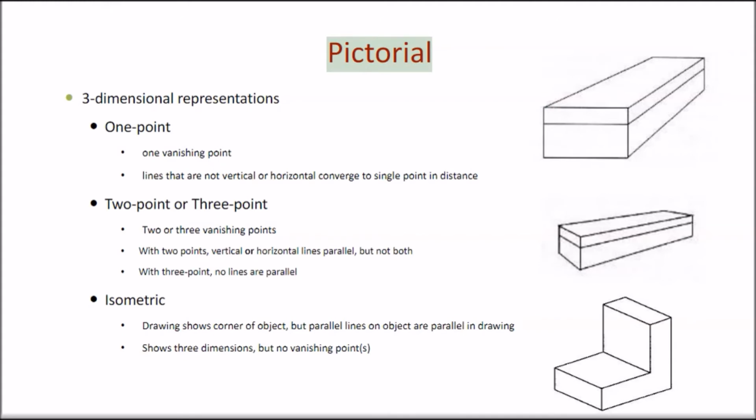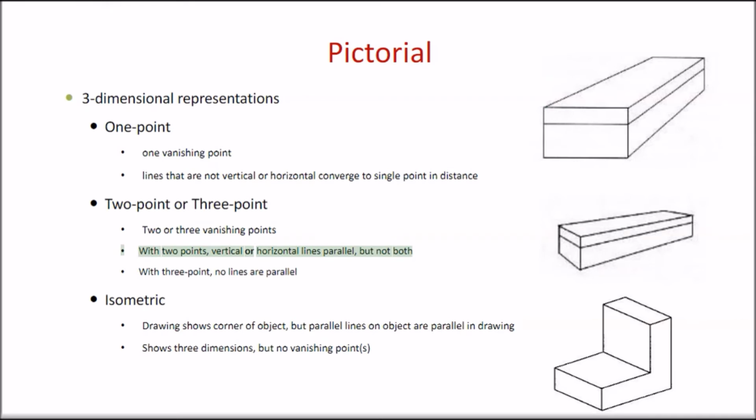Pictorial. Three-dimensional representations. 1 point: 1 vanishing point. Lines that are not vertical or horizontal converge to a single point in the distance. 2 point or 3 point: 2 or 3 vanishing points.